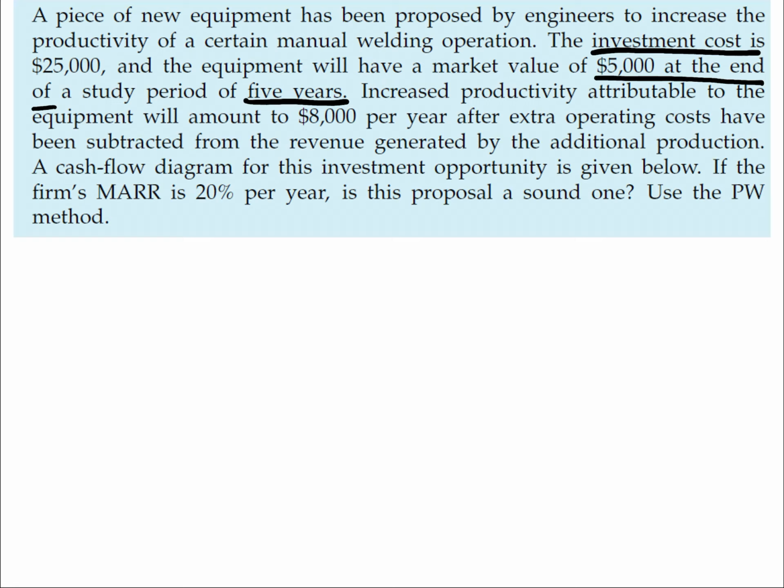But the net saving is 8,000. So that is the net receiving of money in your company, and it happens every year, so it's kind of annuity. Also the firm's MARR is given as 20%. So now how do you decide if this is a sound project or not?